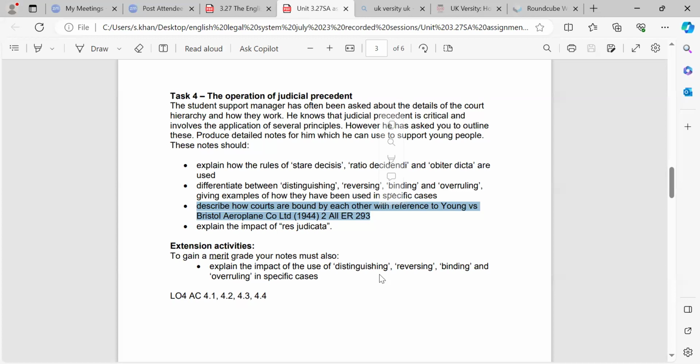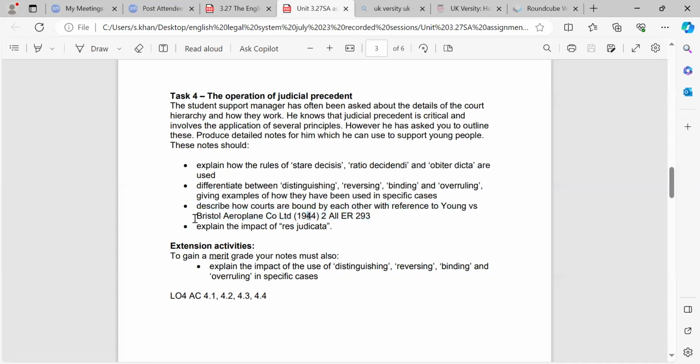You could use LexisNexis for the case, and you would have the identification of the case on Moodle, in additional resources. You could use that case to look at how the courts are bound by judicial precedent. That is the third part of the pass criteria for task 4.